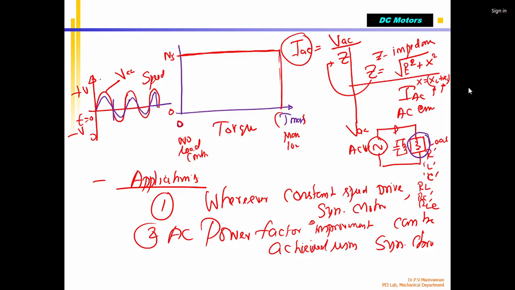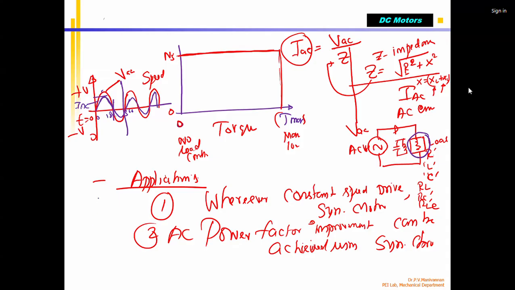Voltage and current are aligned; this is my I_AC, this is my V_AC. The shape is also sinusoidal and in phase. This is 0 to 180 degrees, 180 to 360 degrees, one cycle. You will say current and voltage are in phase. The amplitude may vary, but they are in phase.